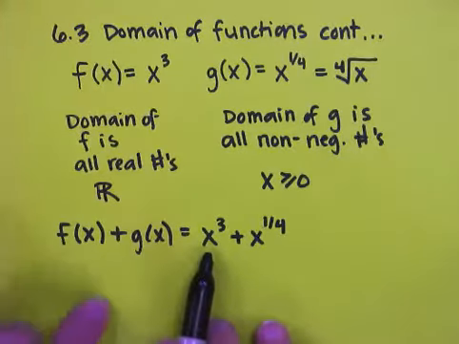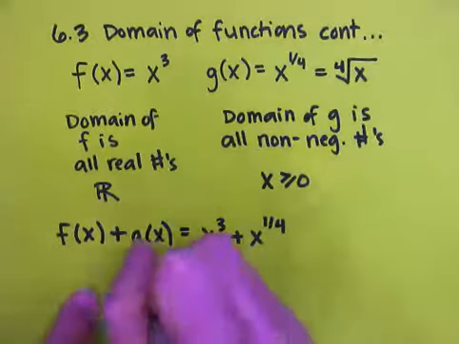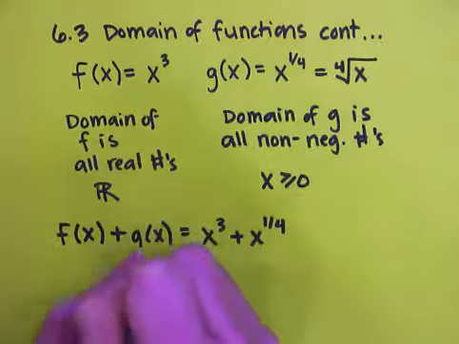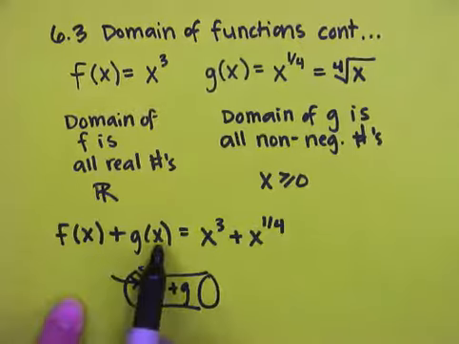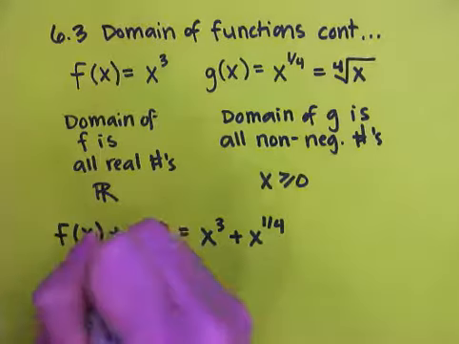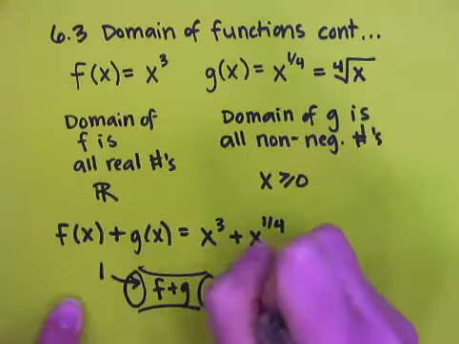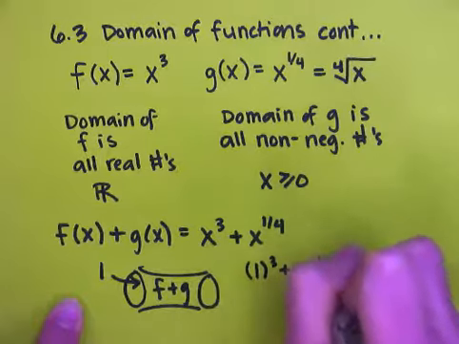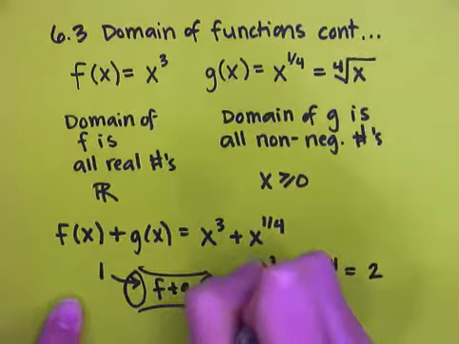However, if I think about the domain and think about f plus g now being a function machine, any number I plug in is going to have to be able to be plugged into f and into g. For instance, if I plug in the number 1, nice and easy, kind of boring, I would get 1 cubed plus 1 to the 1/4. And clearly that would give me 2. So my output here would be 2.